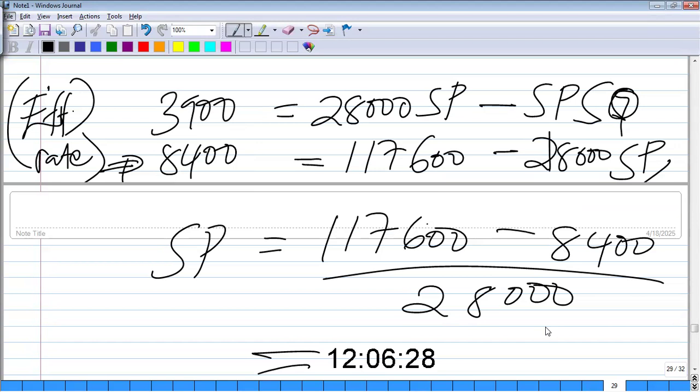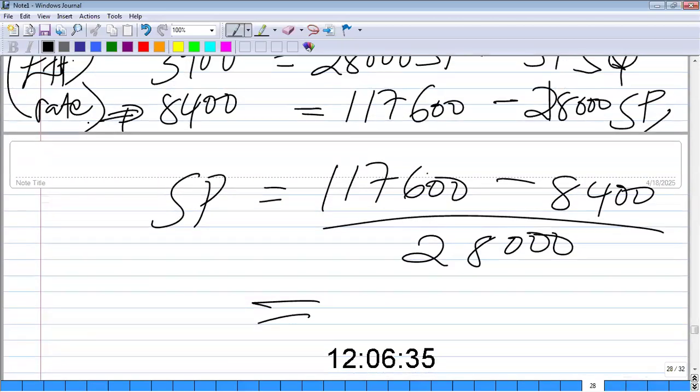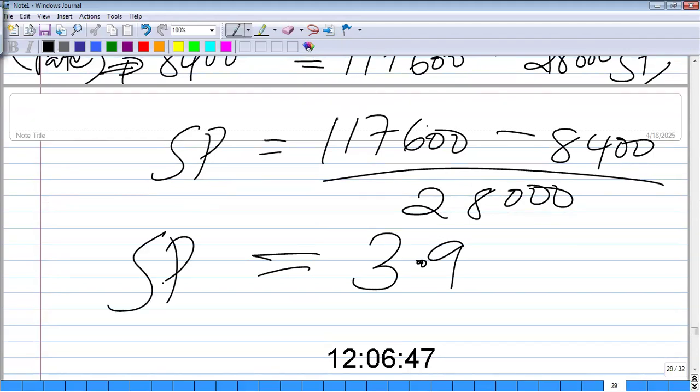Okay, so what do we get? 3.9. So now we have SP equal to 3.9.